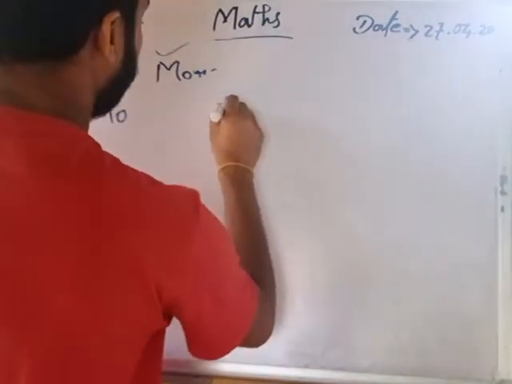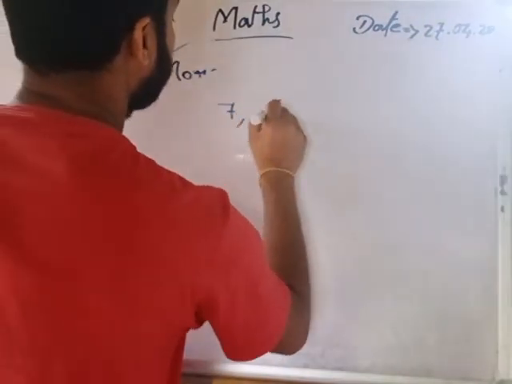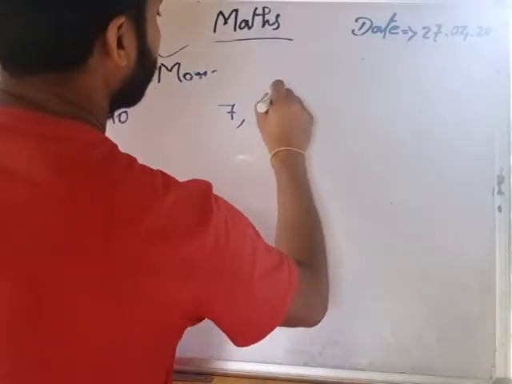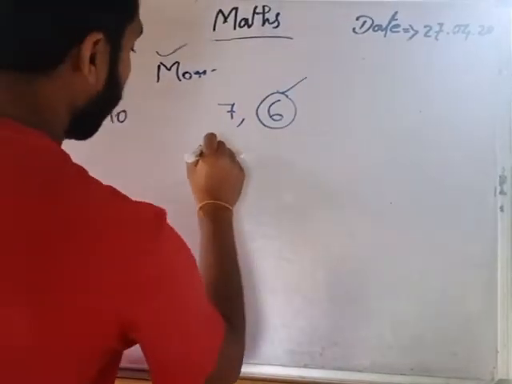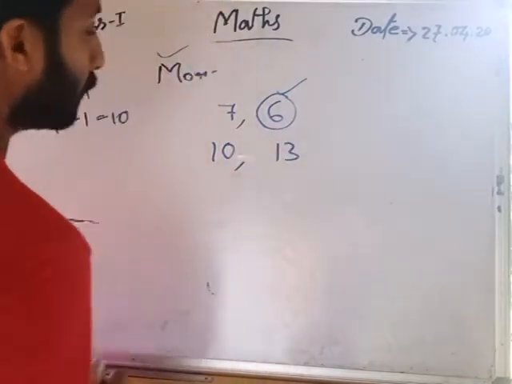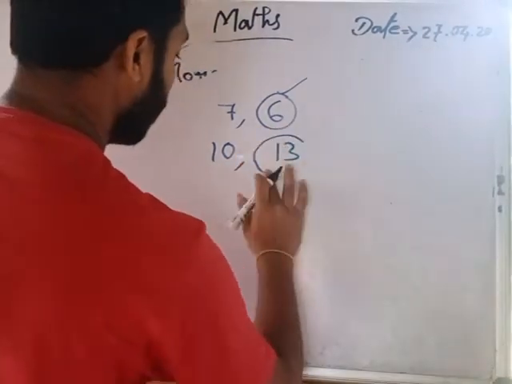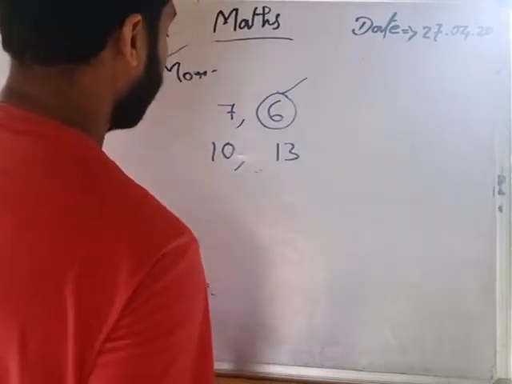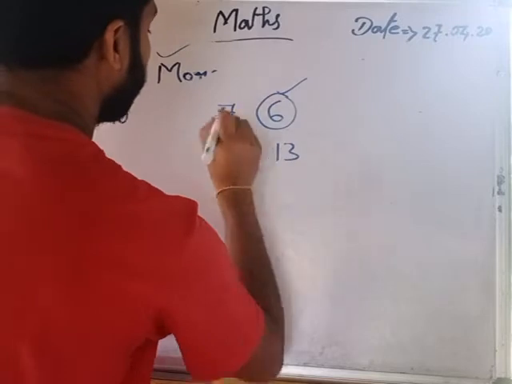Smaller, 7, 6. Which one is smaller? This one is smaller, so you should take here. 10, 13. Which one is smaller? This one. This one is smaller, that means you should take here.